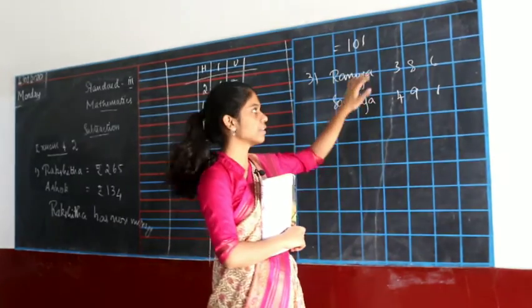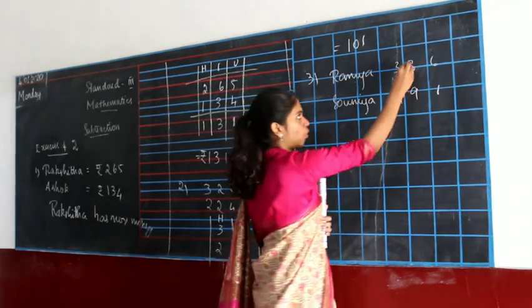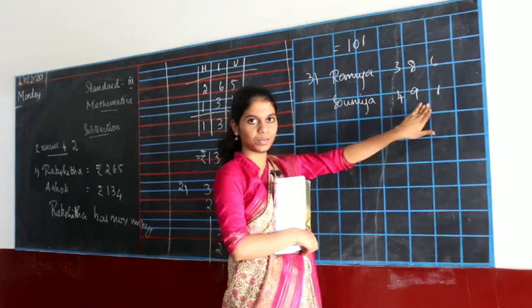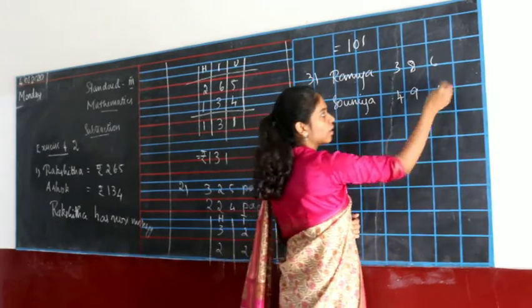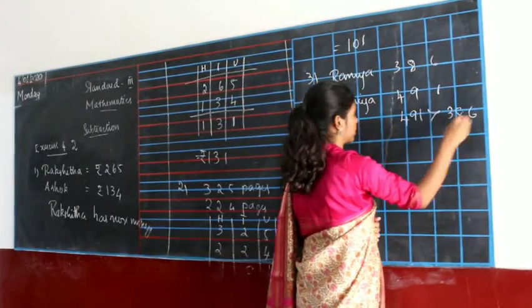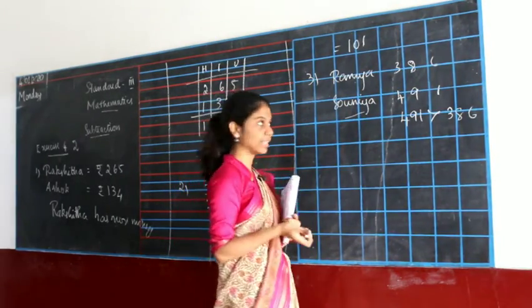So look at this and find who is having more marks, 386 and 491. Obviously 491 is greater than 386. So Soumya scored more marks. So what is the difference between their scores?